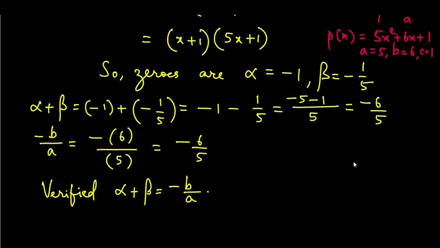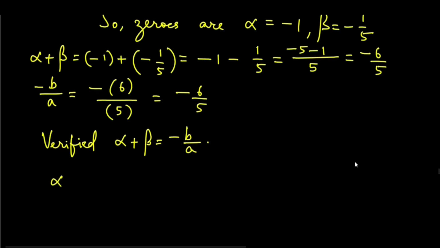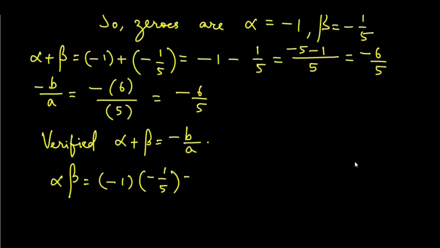Now let us verify the second relation. Alpha into beta. Alpha is minus 1. Beta is minus 1 by 5. This is equal to 1 by 5. Alpha into beta should be equal to c by a. Then what is c by a?